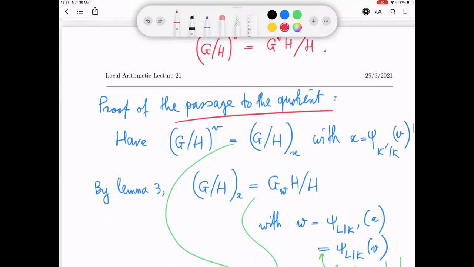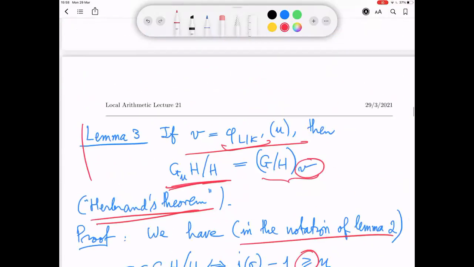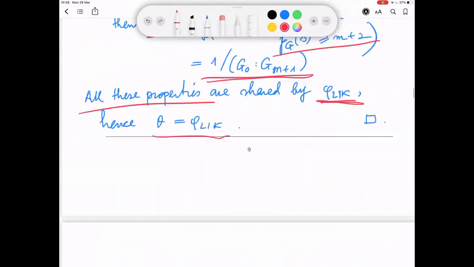Okay, so what we have is G modulo H upper V, the left side, is equal to G modulo H lower X, where X is this. Why? Because that's the definition of the upper numbering. Let's see how the upper numbering has been defined, where is it?